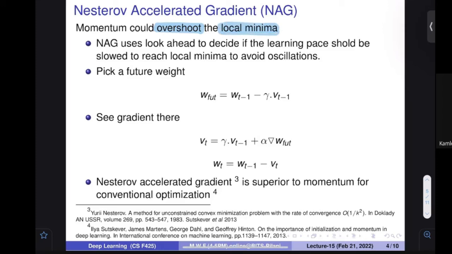So what should be a good method? A good method should, whenever it reaches some place, take smaller baby steps as it is going to reach that particular minima. So how can I incorporate this part?